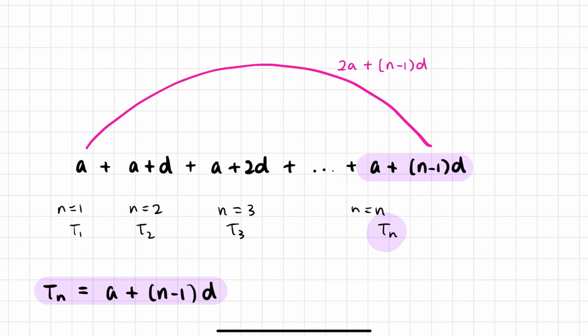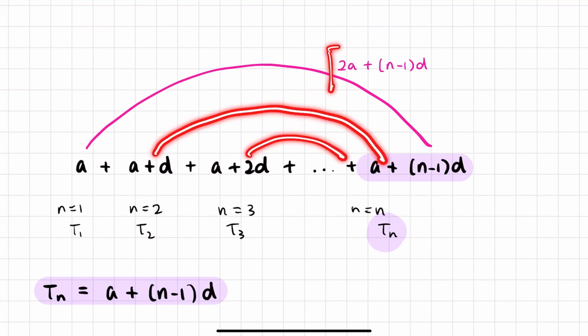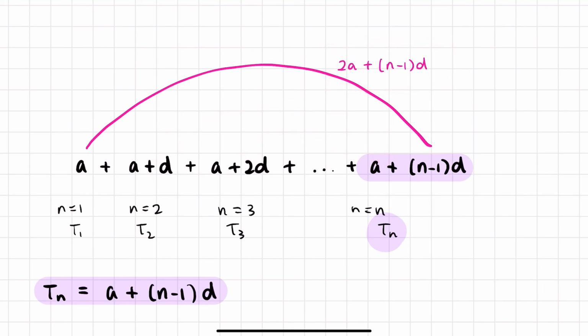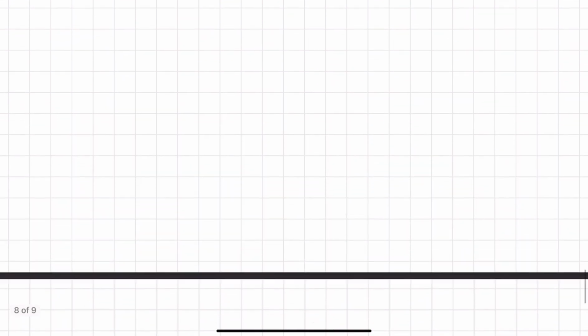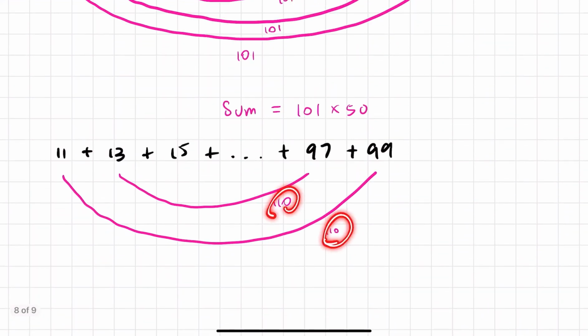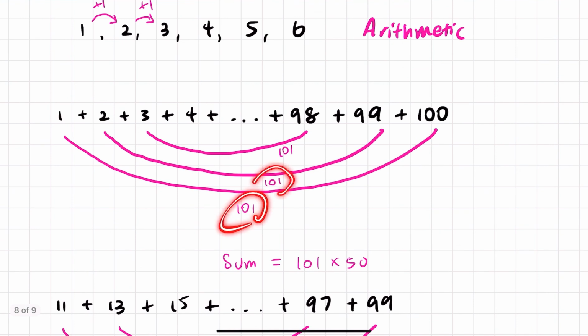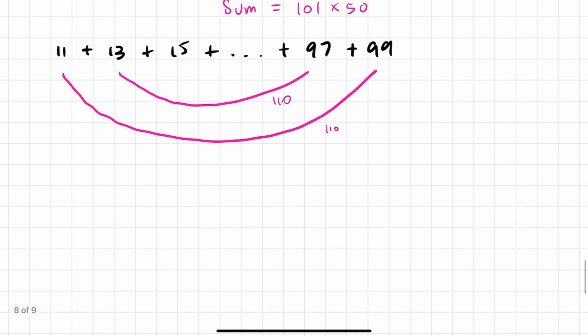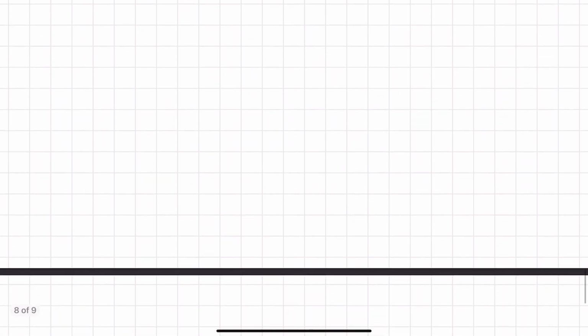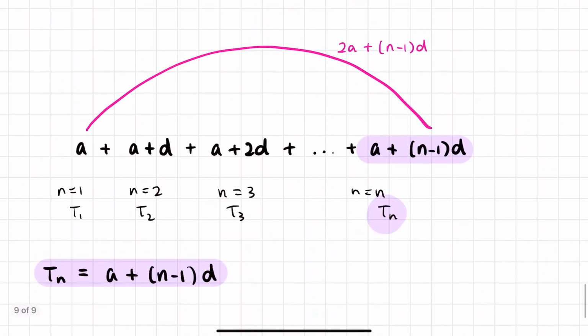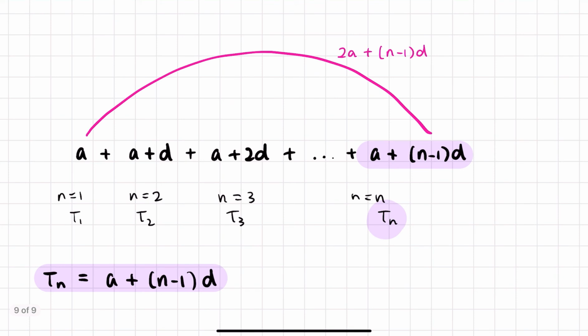Now you guys can go ahead and check yourselves if you like, but if you have the second and the second last term adding and you continue that, they will all be the same 2a plus n minus 1 d value. Just like up here, we kept getting the same sum for the pairs, right? So if they are an arithmetic series, then this pattern will always occur. The first number plus the last number times how many pairs there are, right?